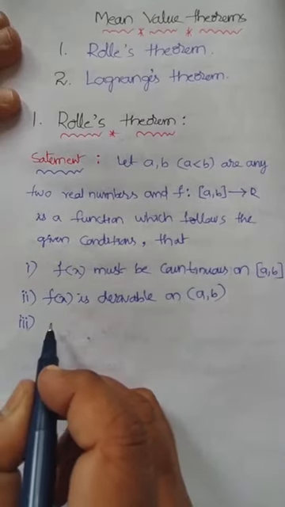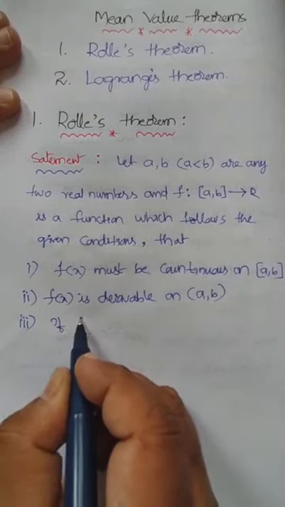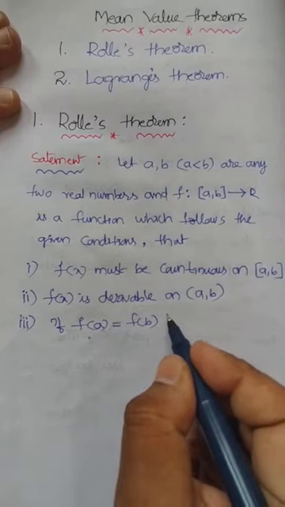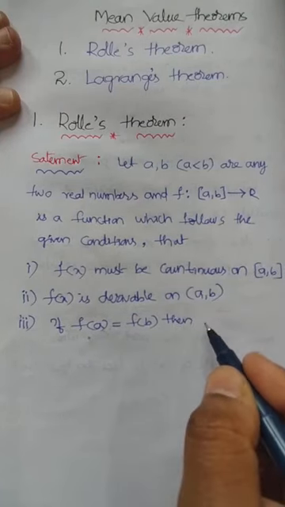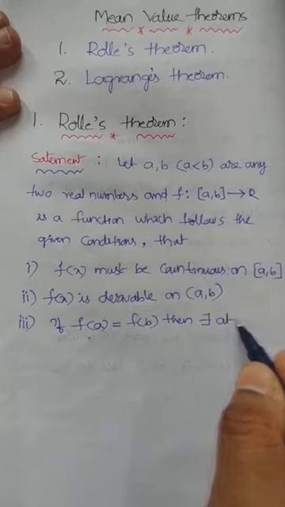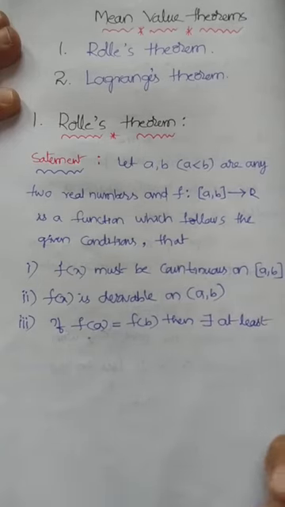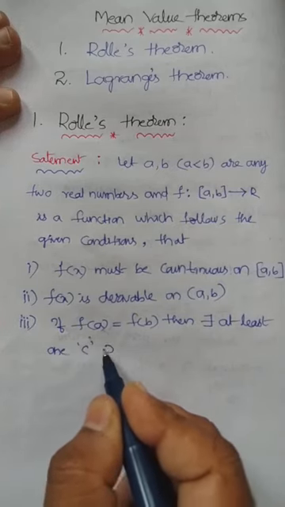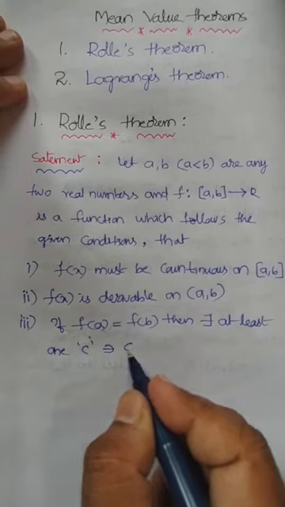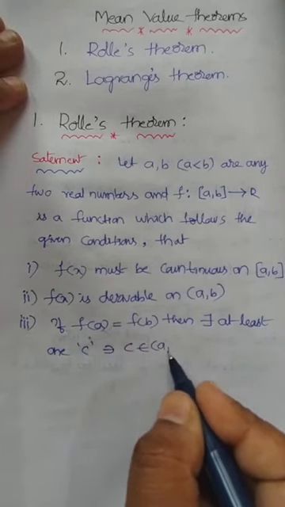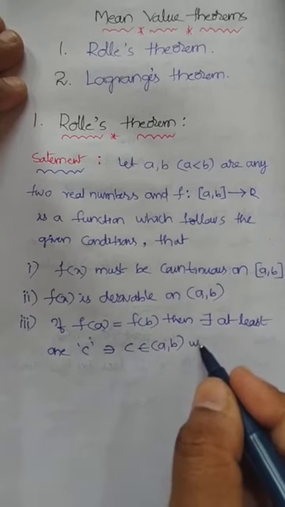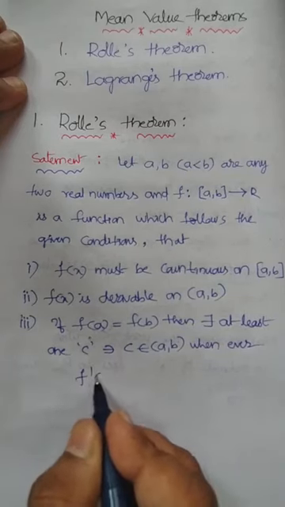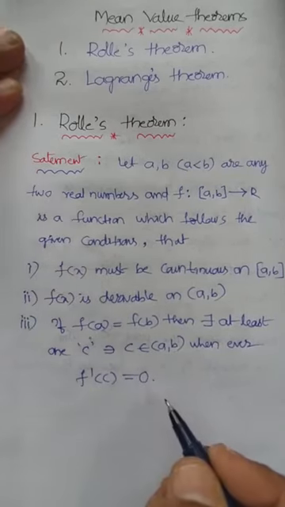The third condition says if f of a is equal to f of b, then there exists at least one c, such that c belongs to the open interval (a, b), where f dash of c value is what? 0.